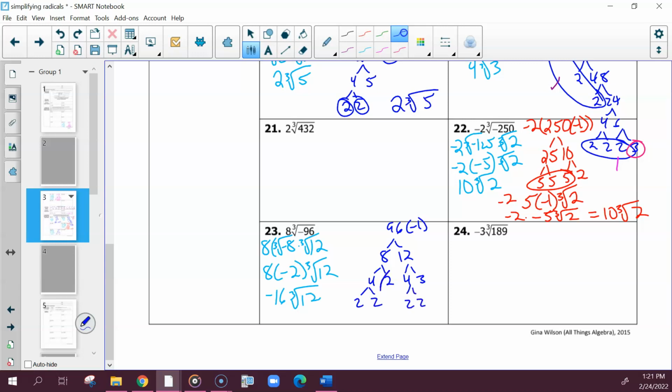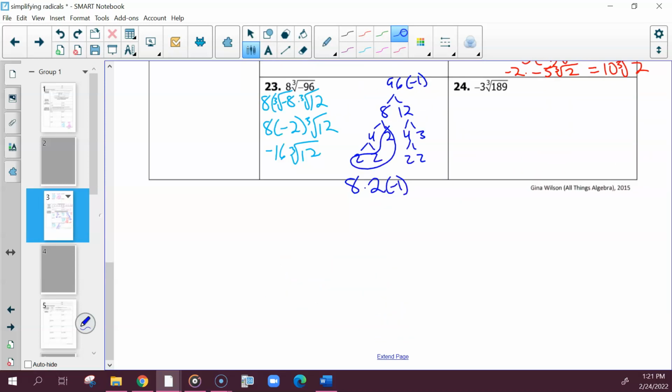So we have one group of 2 that comes out, and that's it. So the 2 will come out next to the 8 that was already there. We're still multiplying it by negative 1. And then what's on the inside is 2 times 2 times 3. We have negative 16 times the cube root of 2 times 2 is 4 times 3 is 12. So either way you look at that, you're going to get the same answer.